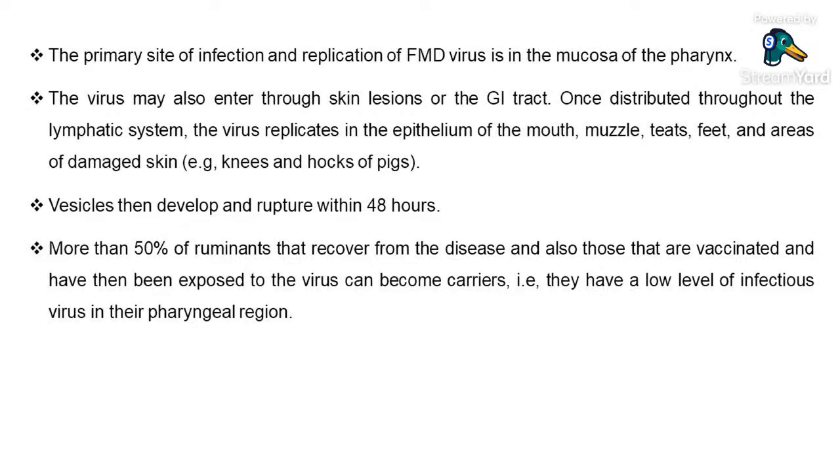Once it has entered, it affects the lymphatic system, and then it replicates in the mouth, muzzle, teats, feet, and areas of damaged skin, which in pigs are like the knees and the hock joint. Then vesicles develop, mainly inside the mouth cavity, and the vesicles rupture within 48 hours.